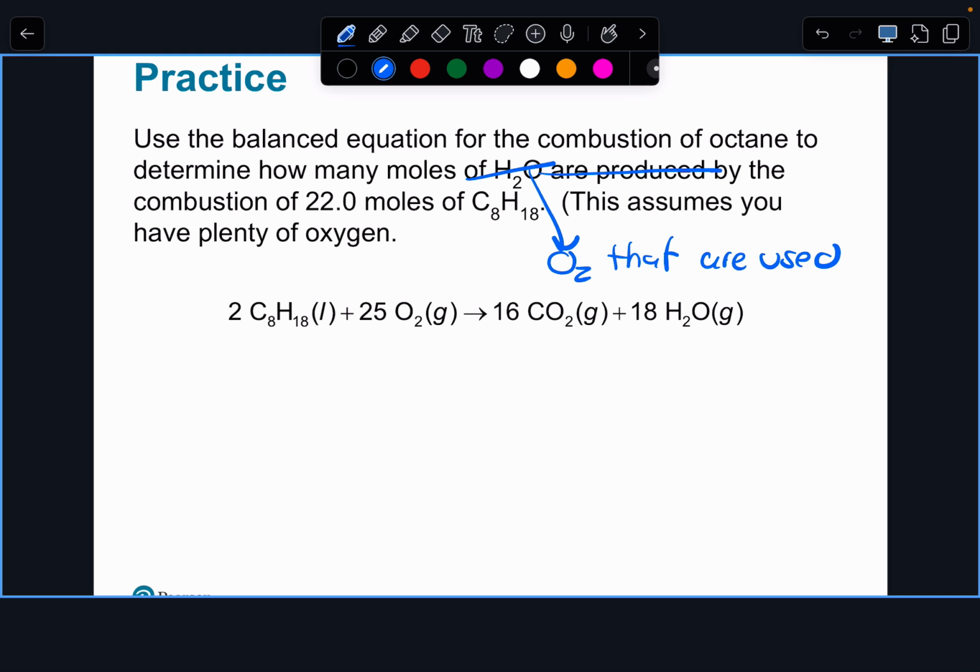Okay, so if you're still trying to follow what's going on, I'm going to set up the calculation again, at least the first part of it.